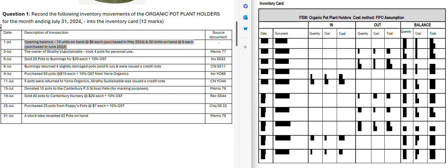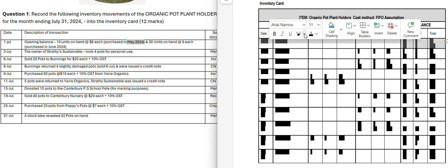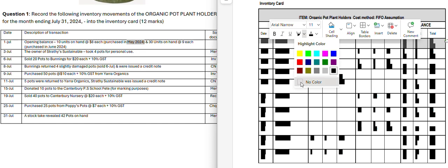In order to comply with the FIFO assumption, we need to record these in our inventory card and list the oldest ones first, the batch of 10 that we purchased in May at $8 each, and then underneath that we're going to record the 30 at $9.